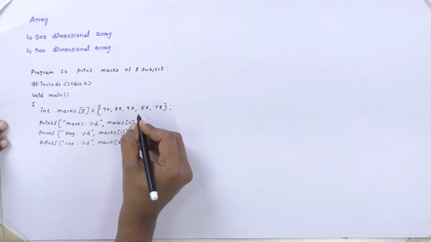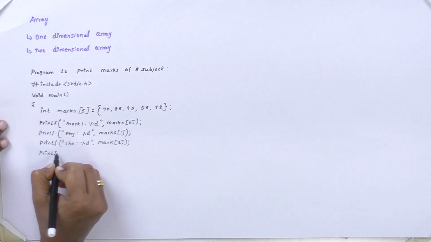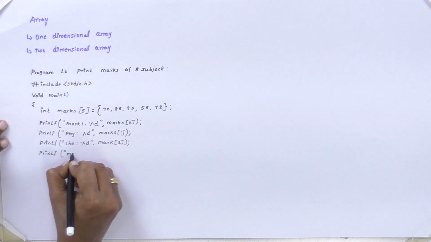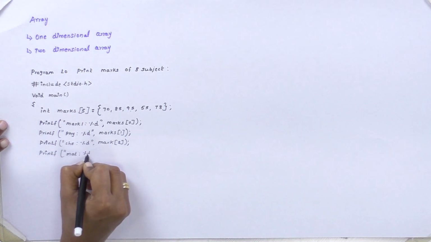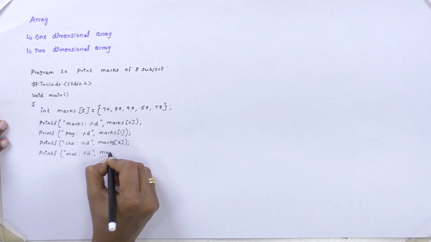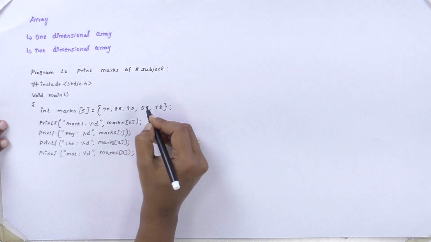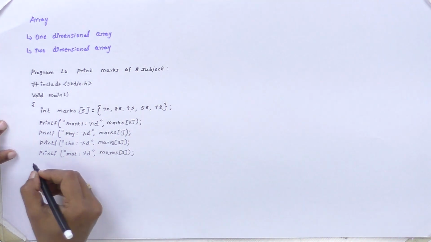So it accesses the value 95. Printf, for example max, marks of 3, it accesses the value 55.